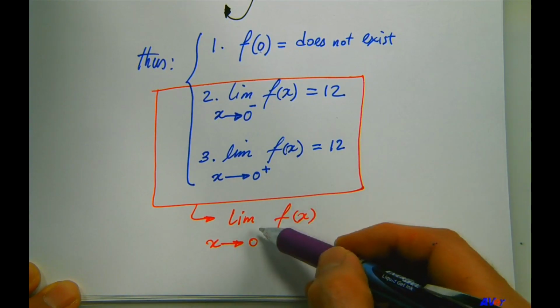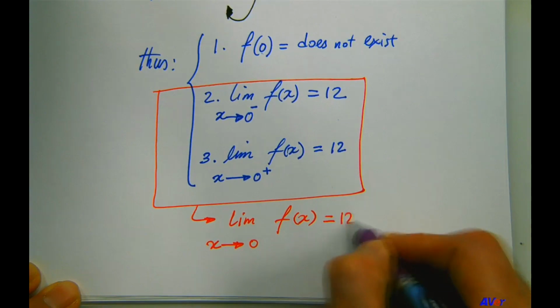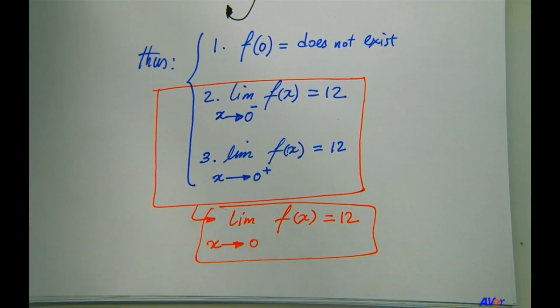Notice I didn't put negative or positive here. That means x is approaching 0 from both sides is equal to 12. Okay? So the function does not exist at x equals 0, but it does have a limit at that x value, which is 12.